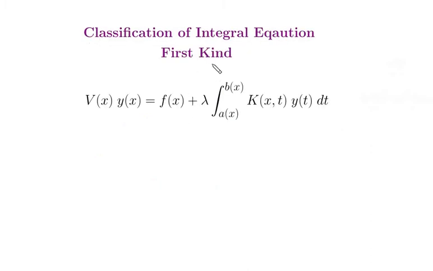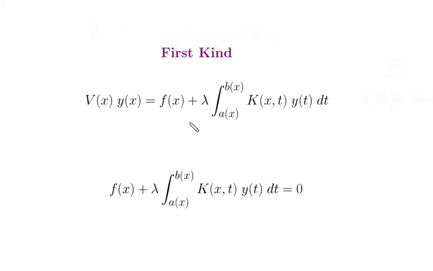Generally, the integral equations are classified into first kind, second kind, and third kind. Now let us check what is the first kind. The integral equation is called the integral equation of first kind if this known function v(x) is equal to 0.